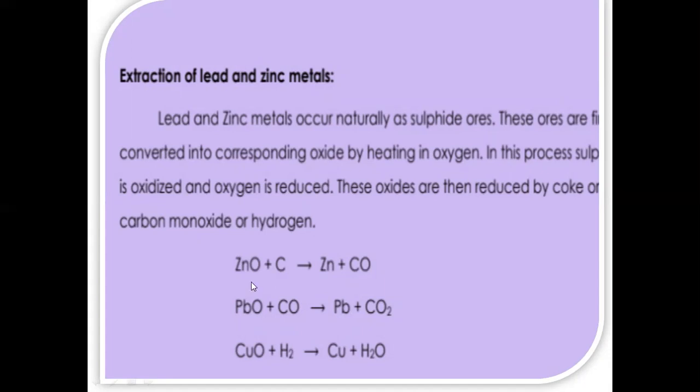Zinc oxide with carbon will form zinc and carbon monoxide, lead oxide with carbon monoxide will give lead and carbon dioxide, and copper oxide with hydrogen will give metallic copper and water. So coke, carbon monoxide, and hydrogen can all act as reducing agents, and they help in the reduction of these metallic oxides into their pure form.